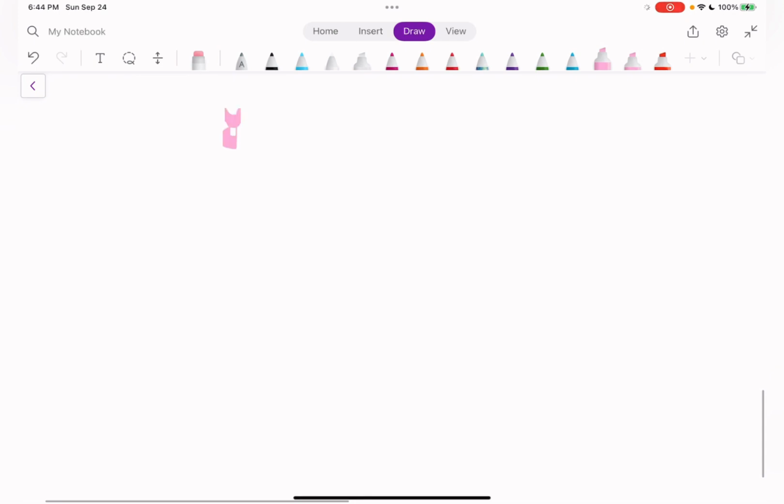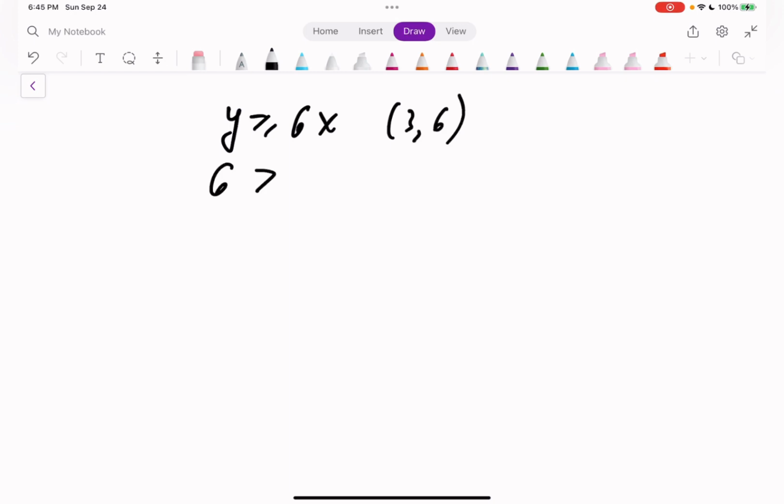We have y greater than or equal to 6x, right? So when x was 3, y was 6. Let's plug in. Y is 6, greater or equal to 6 times 3. So 6 greater or equal to 6 times 3, 18.